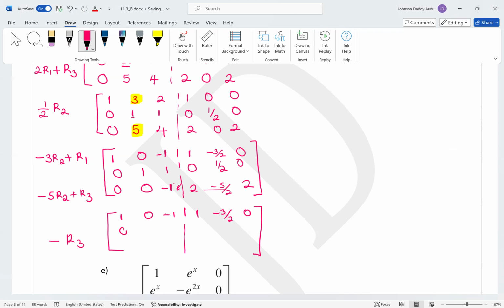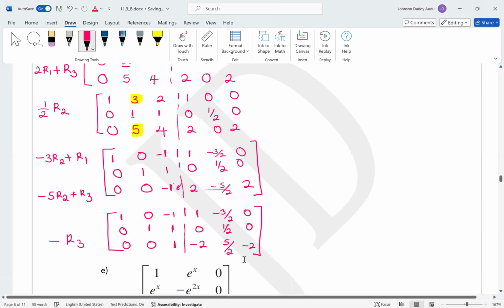So here we're still 0, 0, no, 0, 1. 1, 0, 0, 1, 0, half, 0. So this is 0, 0, 1. This is minus 2. This is 5 over 2. And this is minus 2.